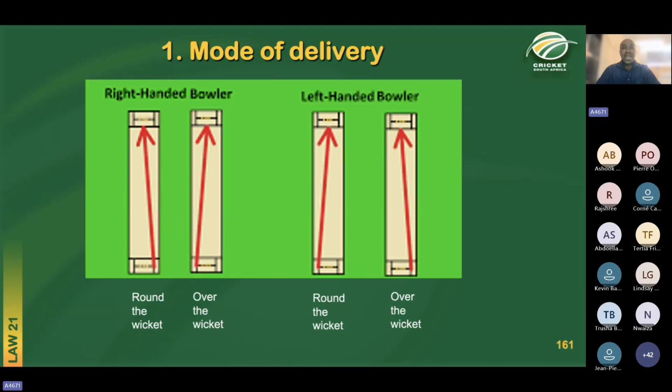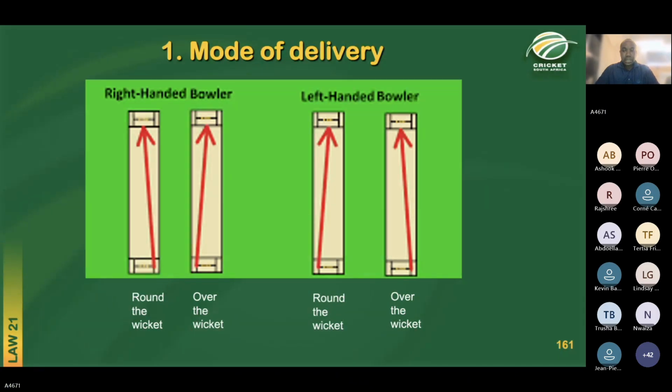If they bowl a mode of delivery that is different to what they communicated to you, then you will call and signal no ball, and you will tell them the reason for the call and signal of no ball is because they bowled using a mode of delivery different to what they told you.